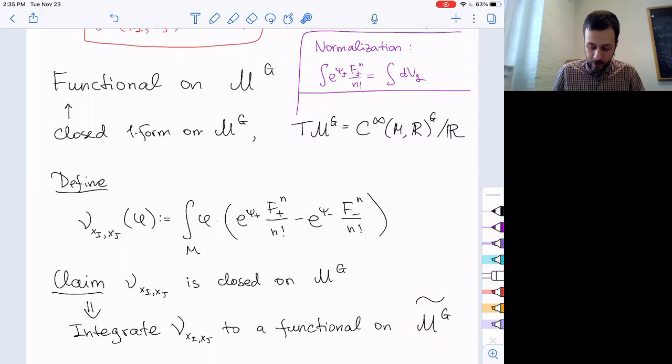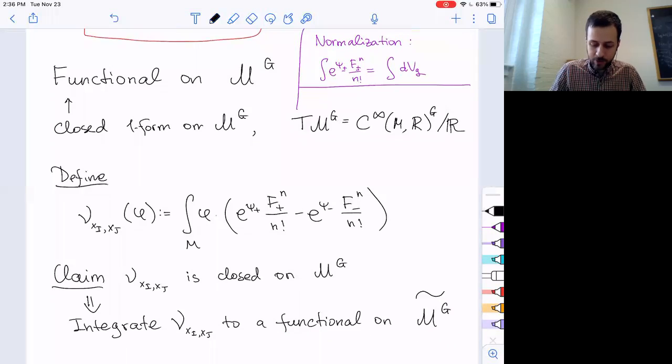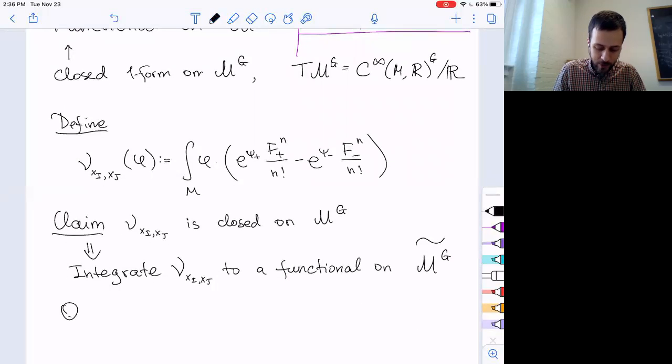So to integrate it to a functional, we a priori need to take the universal cover. Maybe this functional descends to the generalized Kähler class itself. I don't know, and I don't even have intuition for whether it's true or not. So maybe I'll just write it as a question. Maybe Vasti has intuition, I don't know.